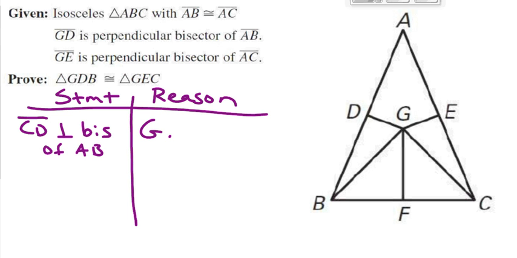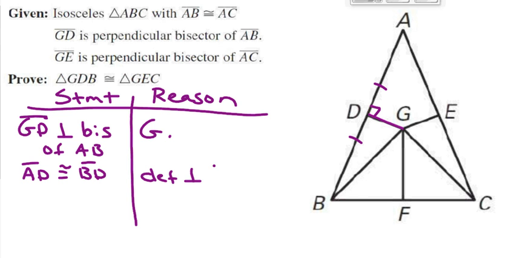I'm sorry, I read that wrong, that's GD. GD is a perpendicular bisector of AB. So right away I know that AD and BD are congruent. AD congruent to BD, by definition of perpendicular bisector.